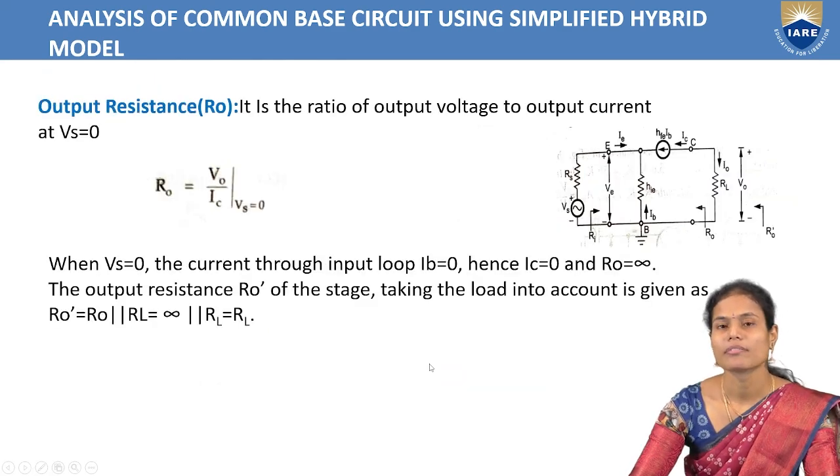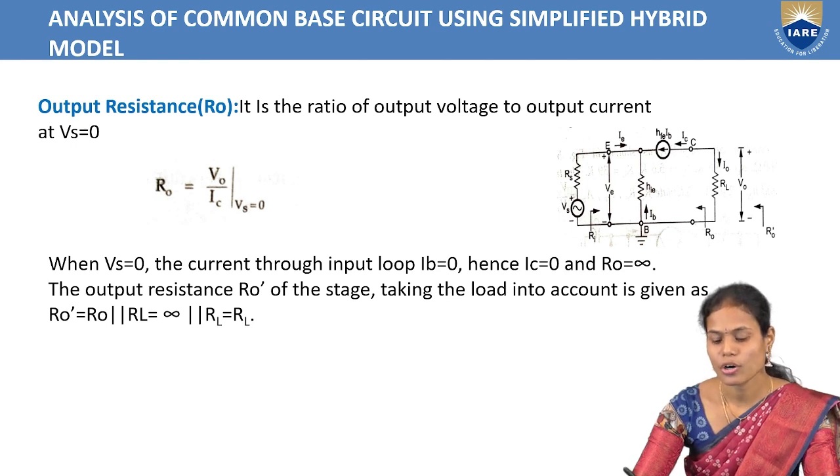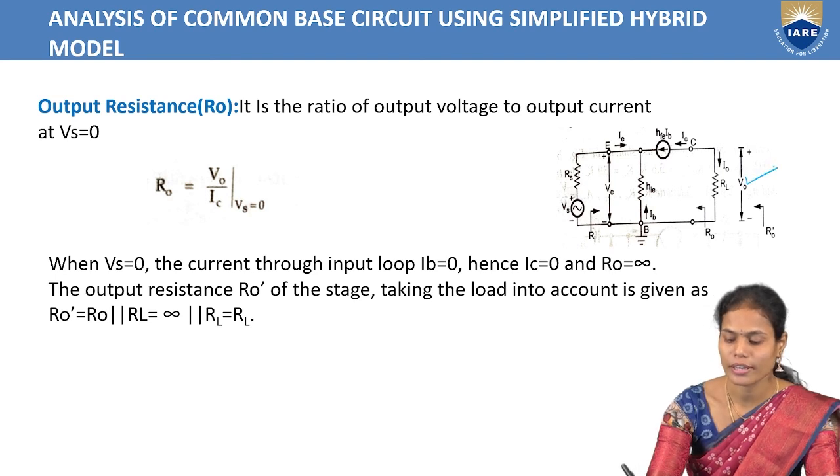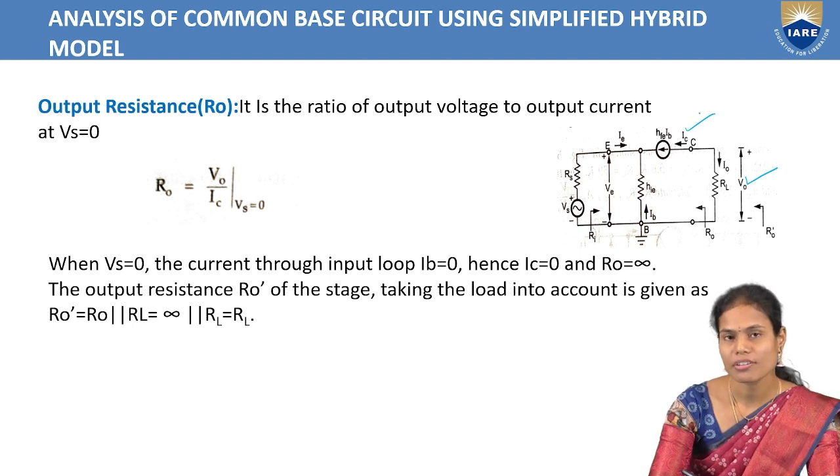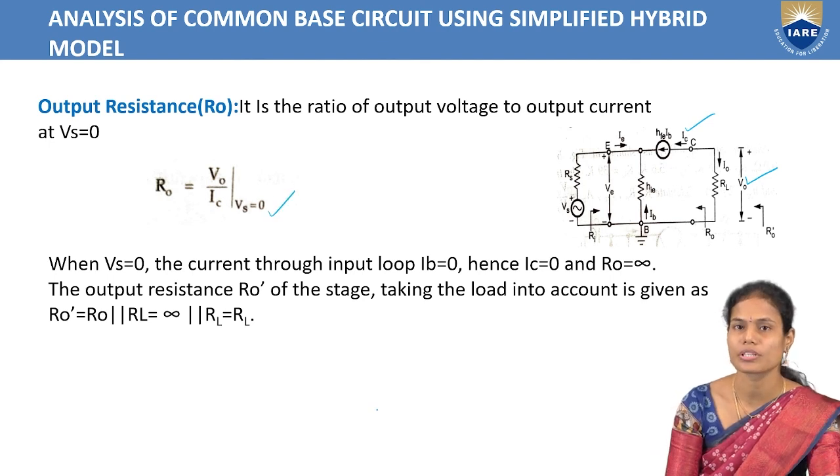And similarly, the next parameter is the output resistance. So that is the ratio of output voltage to output current. Output voltage is V0 and the output current is IC, the collector current. So when we are finding the output resistance, we have to make the source voltage 0. So that's why Vs equal to 0.